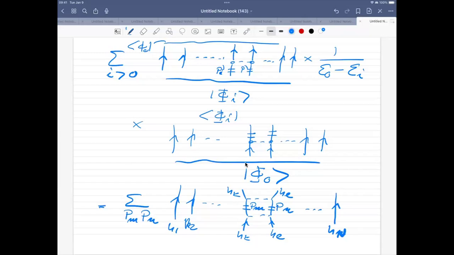So what we're going to do now is to move away from this particle-particle formalism, which we use in connection with the true vacuum, and link this with the particle hole formulation.